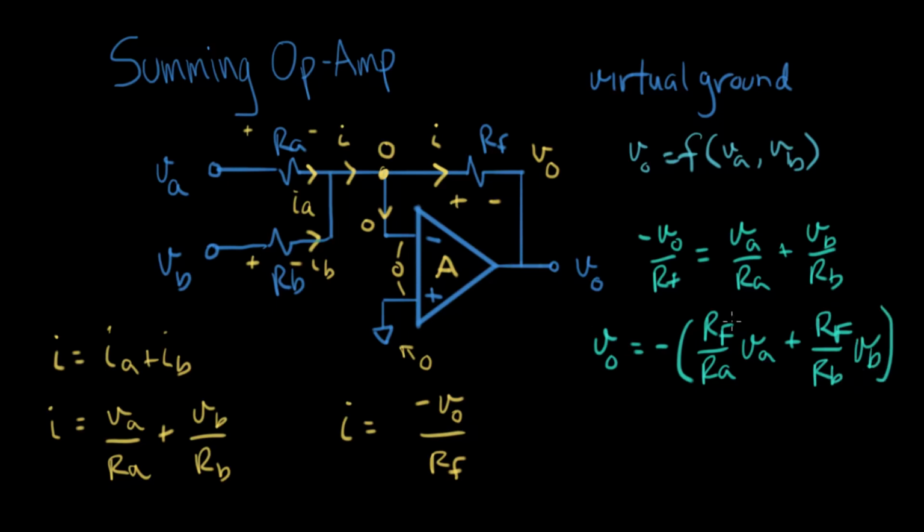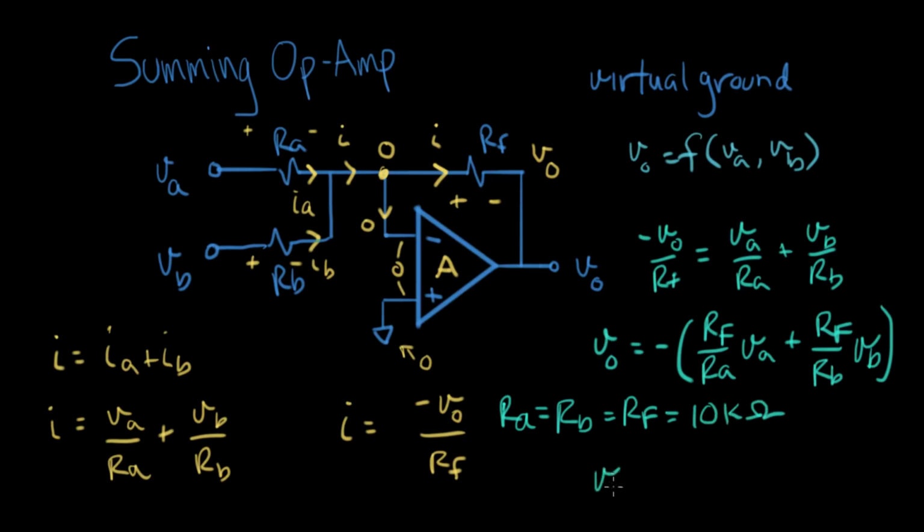You can see that there are two resistor ratios participating in the answer, so it helps to do a special case of this. Let's let all the resistors be the same, so RA equals RB equals RF. And just to pick a real number, we'll say they're all equal to 10K ohms. Let's see what this becomes now.